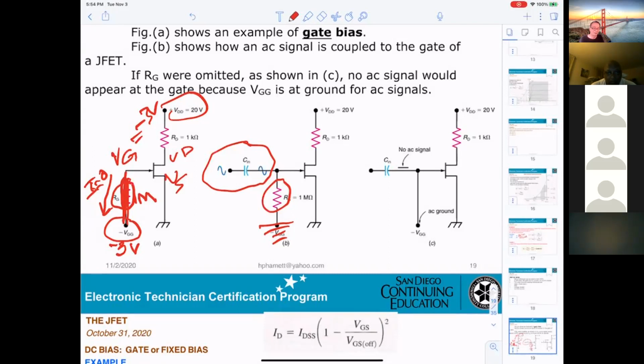When you have that resistor, the sine wave cannot short to the ground, so it can go to the gate. That is what they try to explain here. If RG were omitted, no AC signal would appear at the gate because VGG is at ground for the AC.